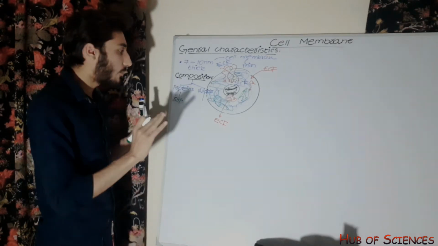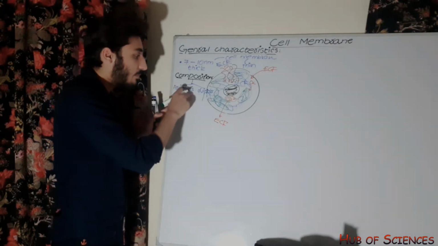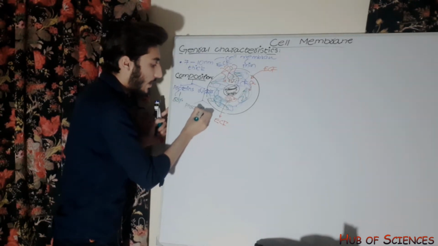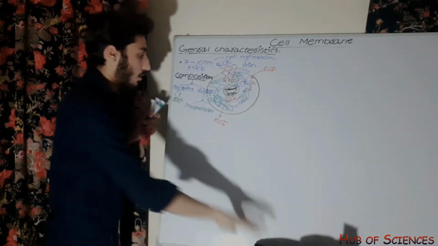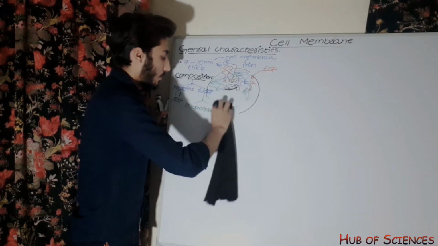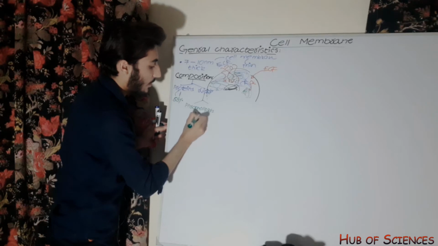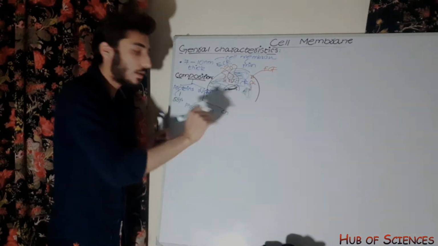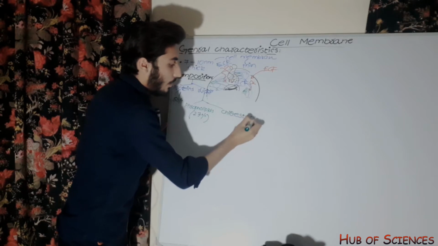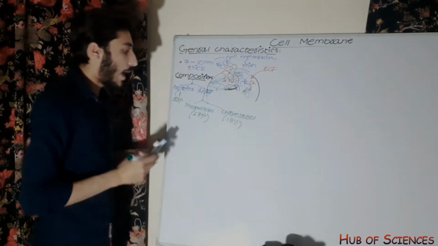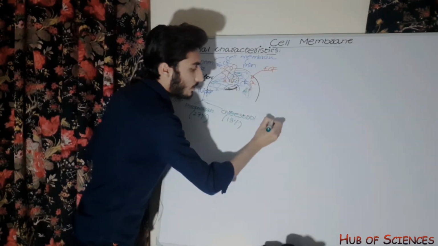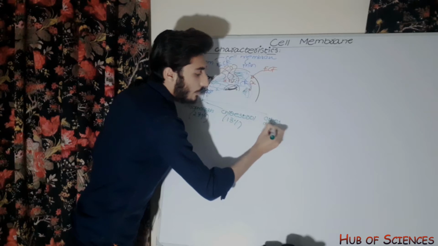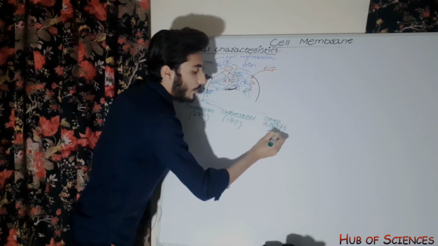So there are many types of lipids, but we discussed that 55% is protein. The most abundant lipids present in the cell membrane are the phospholipids, which make up nearly 27% of the total cell membrane, and the second most abundant lipid is cholesterol, which makes up approximately 13% of the cell membrane, and other lipids, such as sphingolipid, phosphatidylcholine, phosphatidylethanolamine, phosphatidylserine, we call other lipids, make up approximately 4%.